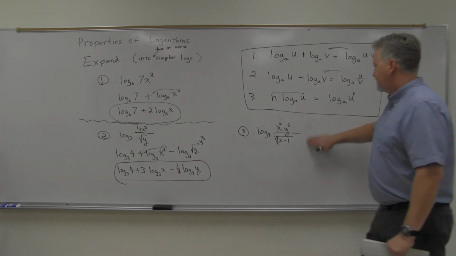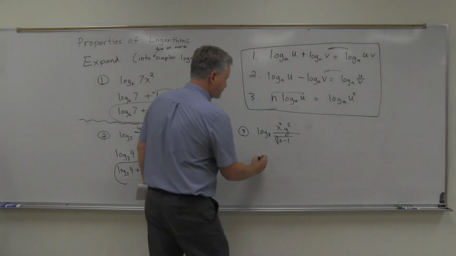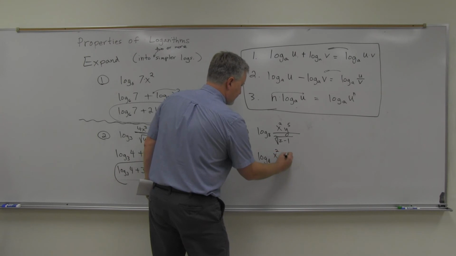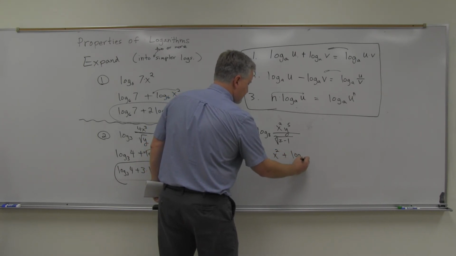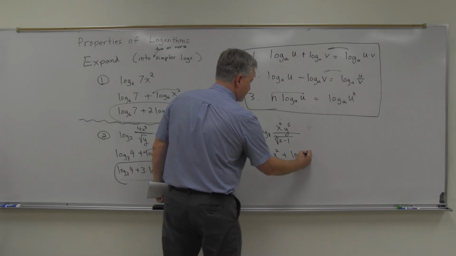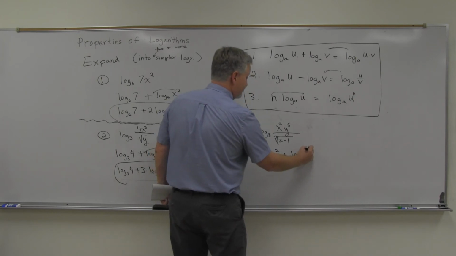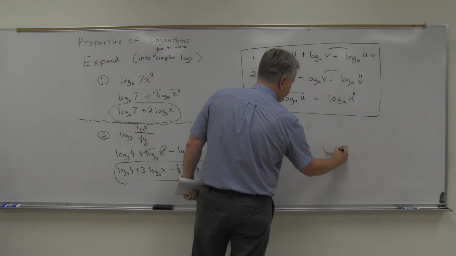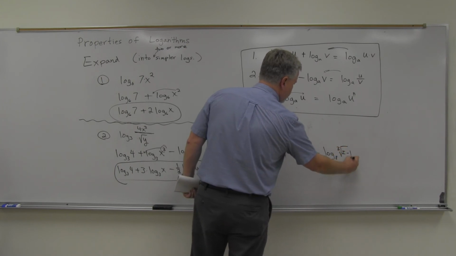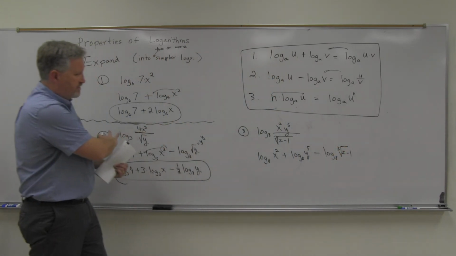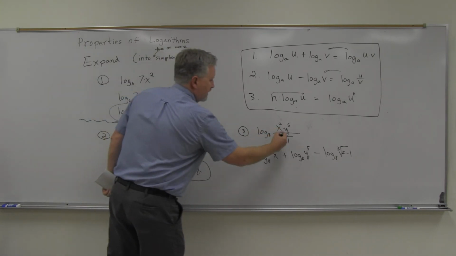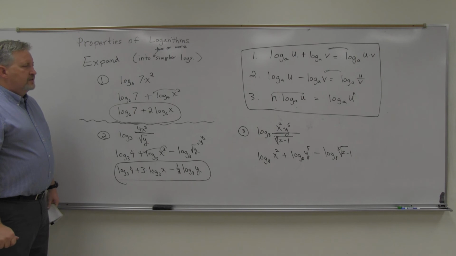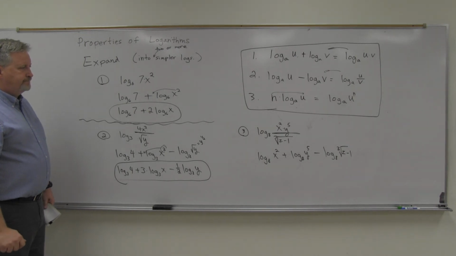And that is this: if I expand it out, same deal. Log base 8 of x squared, log base 8 of y to the 5th, minus log base 8 of the cube root of z minus 1, right? Because that's pretty much the same. I've got times and I've got divide, so those would be separated there. Okay.